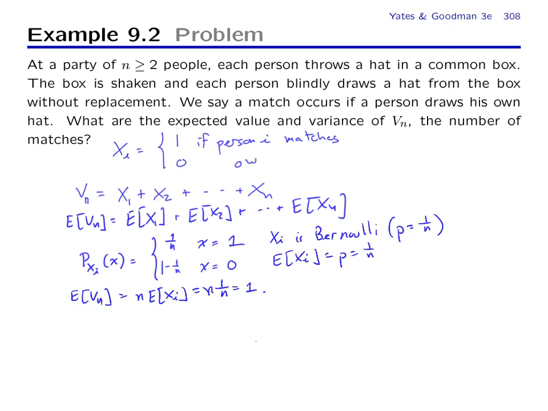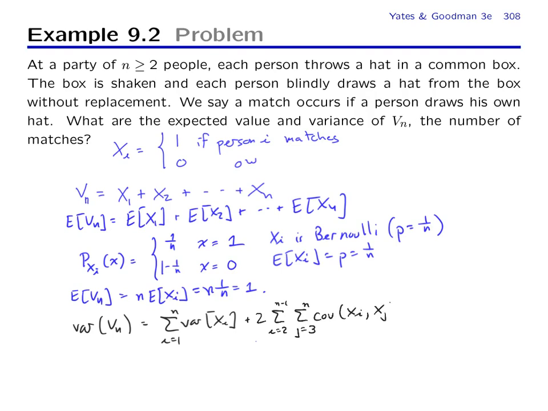The variance of Vn is a trickier calculation. We need to use our theorem. It's going to be the sum i equals 1 to n of the variance of the xi's, plus 2 times the sum of i equals 2 to n minus 1, summation j equals 3 to n, of the covariance of xi, xj.